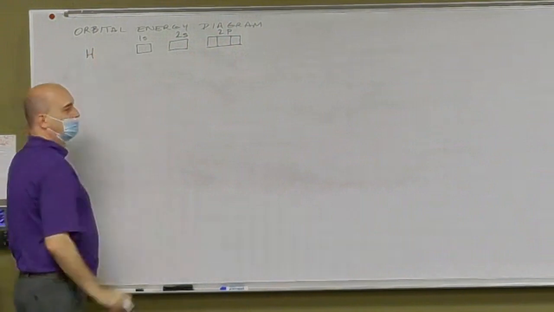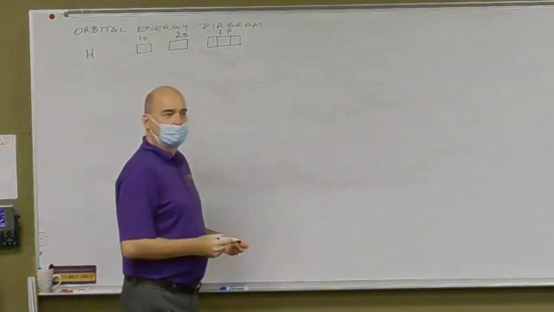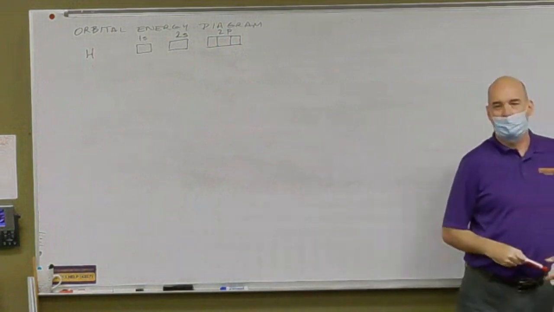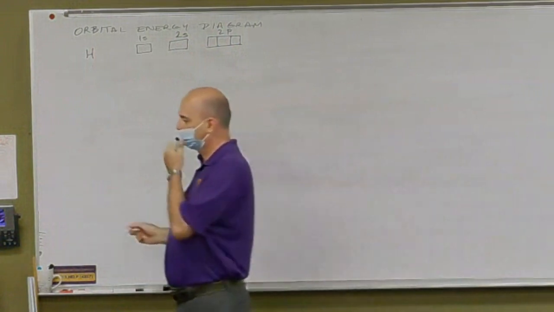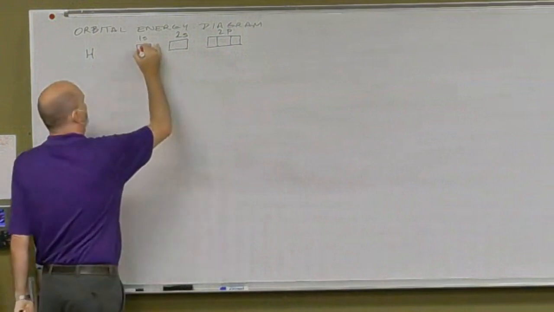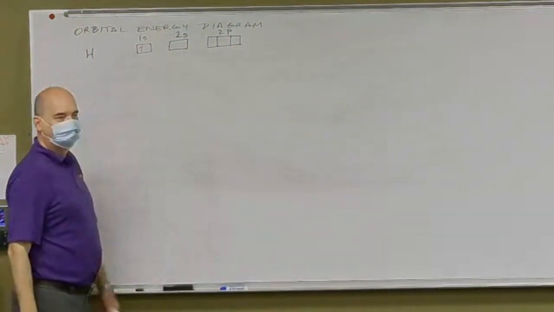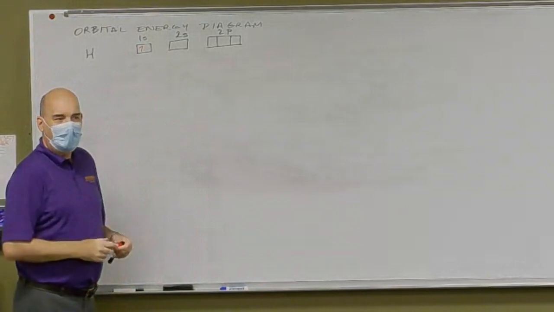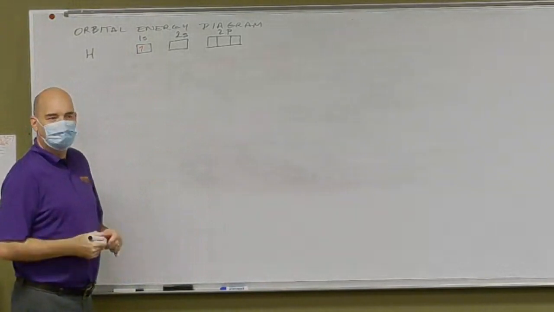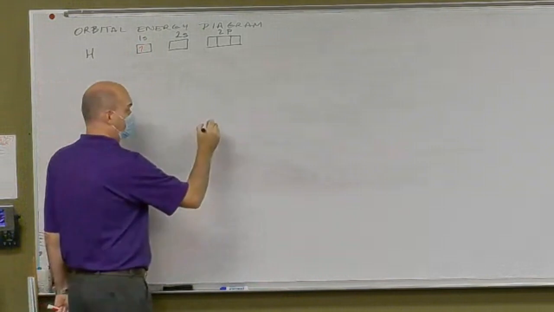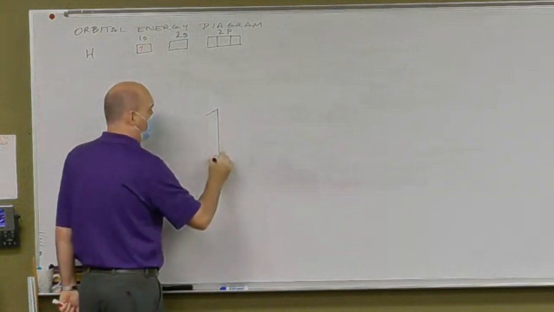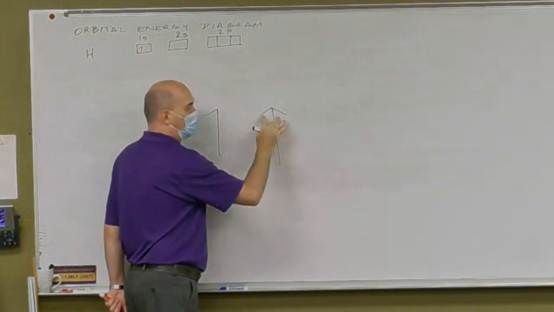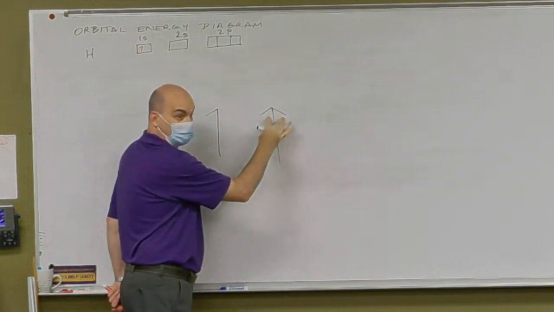Here's hydrogen. Hydrogen has 1 proton, no neutrons, 1 electron. Electrons are symbolized by an arrow. It's an arrow, but it doesn't have 2 barbs to its arrowhead.